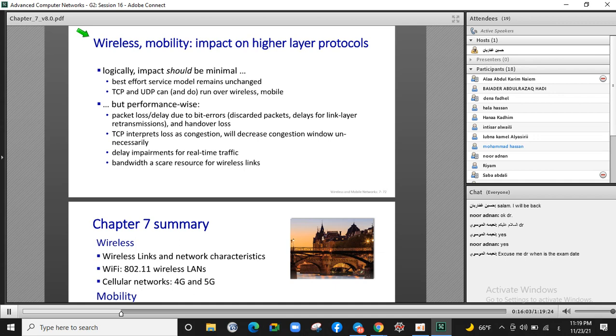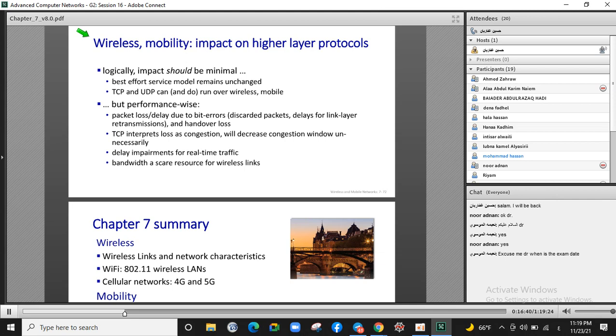What does it mean? It means that when I'm talking about mobility and wireless, especially wireless networks, it's completely possible that the specifications of wireless networks, and especially mobility in wireless networks, directly affect the traditional protocols in computer networks.